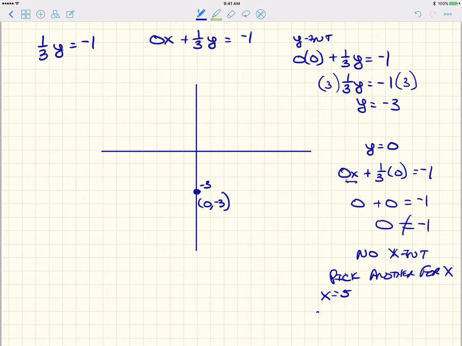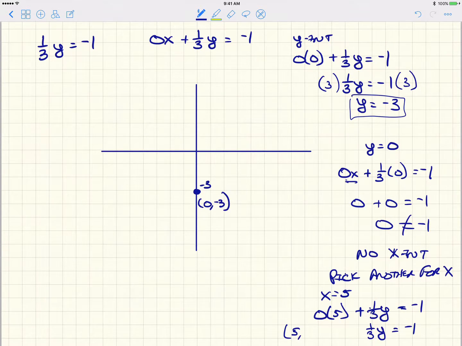Well, I have 0 times 5 plus 1/3 y equals -1. 0 times 5 is still 0, and 1/3 y equals -1, which means y equals the same thing as it did up here. y is going to equal -3. So I have the point x equals 5, y equals -3.